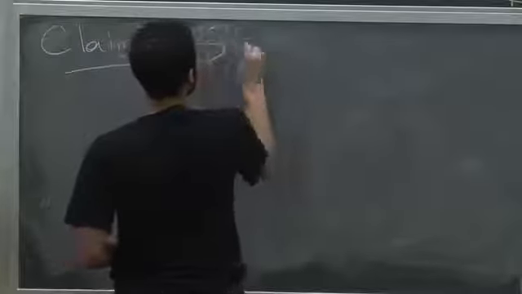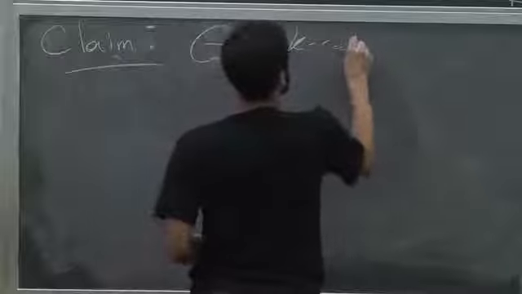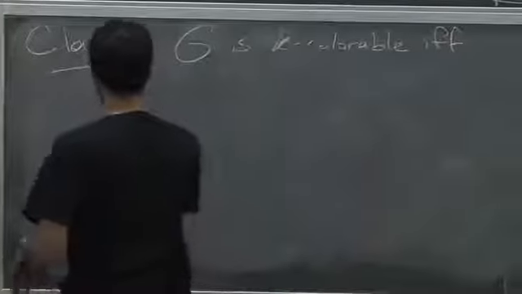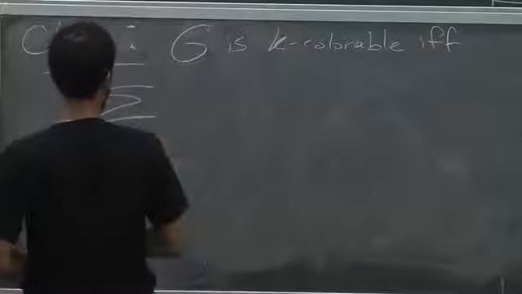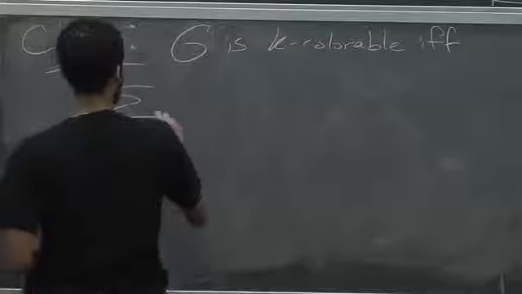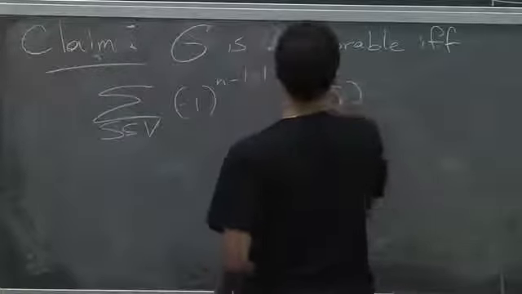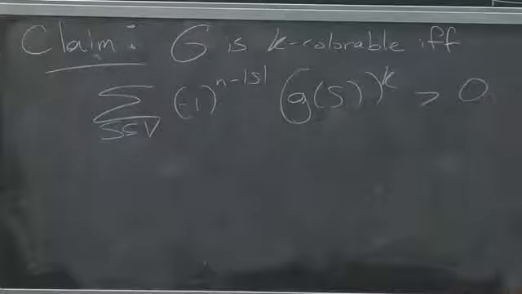And the claim is that G is K colorable if and only if the sum over all S subset of the vertices, of -1 to the n minus the size of S, times f hat of S to the K, is bigger than 0.